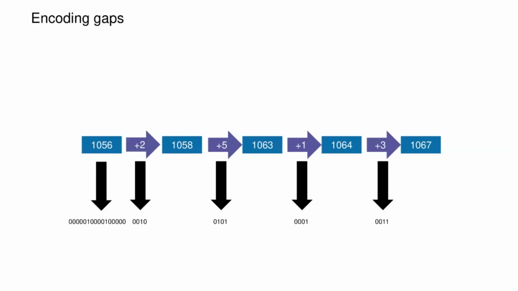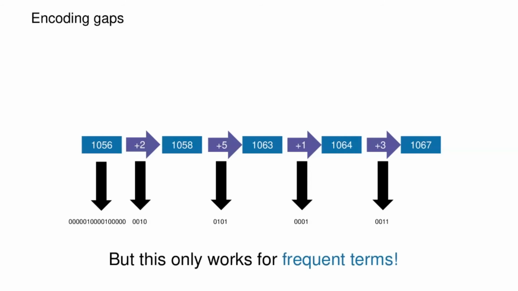It's something we will use, but we cannot just do that with a fixed number of bits for the way we encode the integers. That's not enough, right? So it only works for the very frequent terms for which we really have very small gaps. And even for a frequent term, imagine that you have a collection that has 1 billion documents.